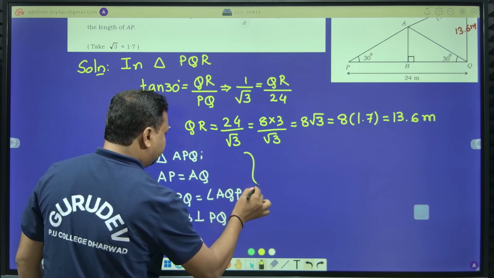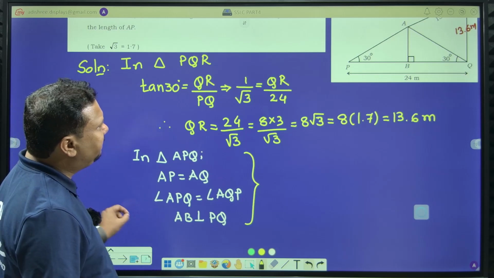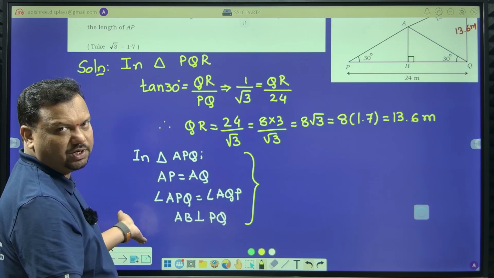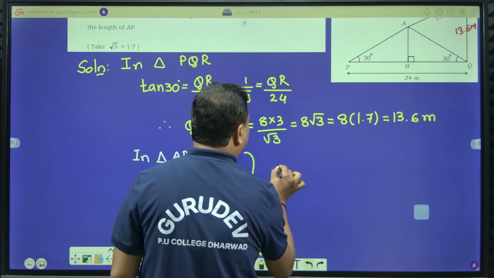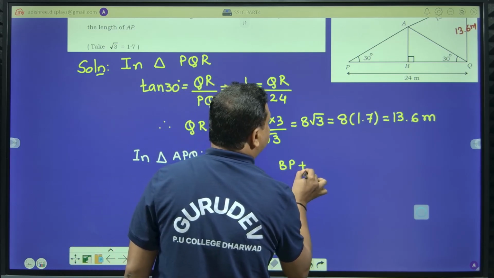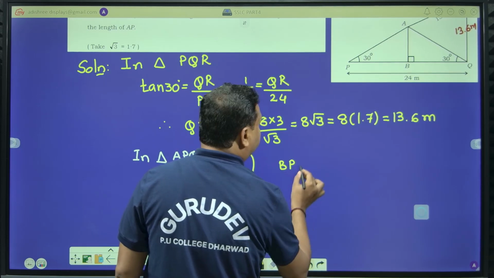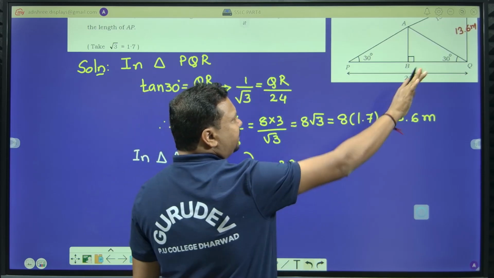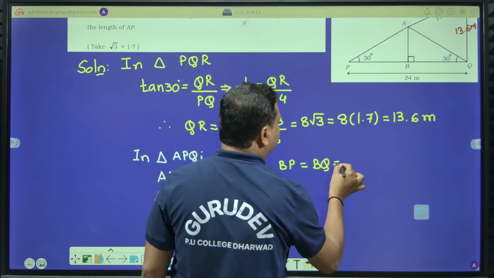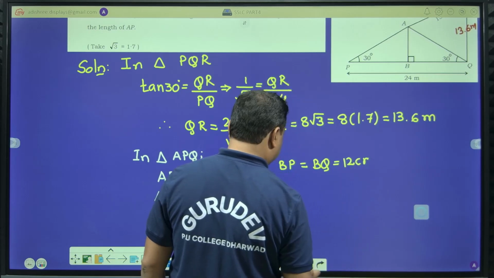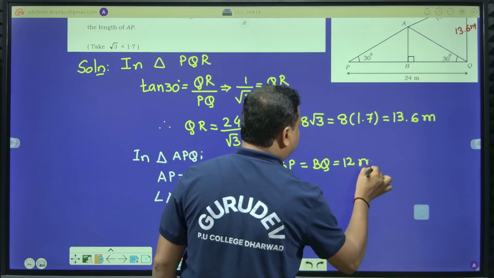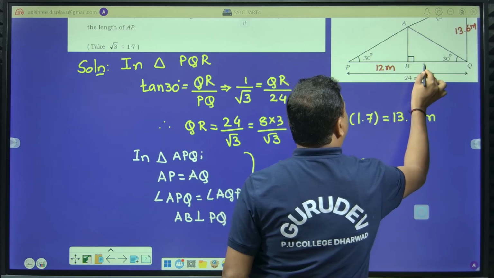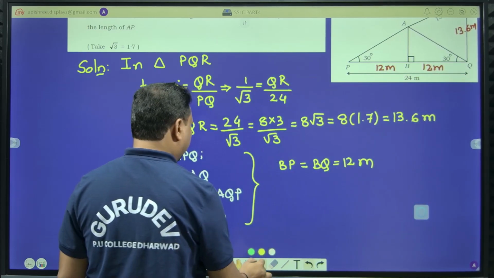This implies APQ is an isosceles triangle and AB divides PQ into equal parts. Therefore, BP or PB is equal to BQ. They have given that PQ is equal to 24 meter, then both of these quantities must be equal to 12 meters. Therefore, this part is 12 meters. This is also 12 meters. Clear? I hope you understood this.